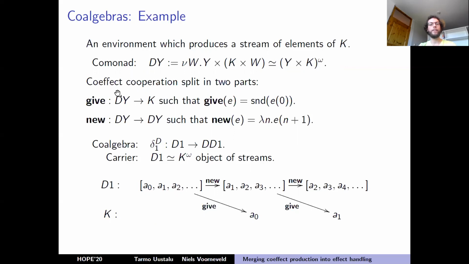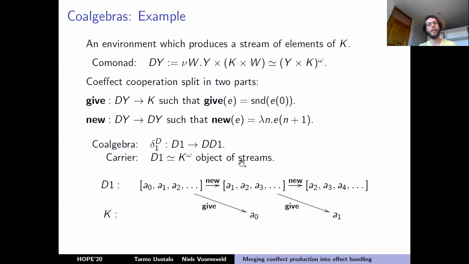And then the coeffect operation can be split into two parts, as I said before. Given dy, we can extract specifically which response is given by the environment, and we have an operation that tells us how the environment will look after this is given.